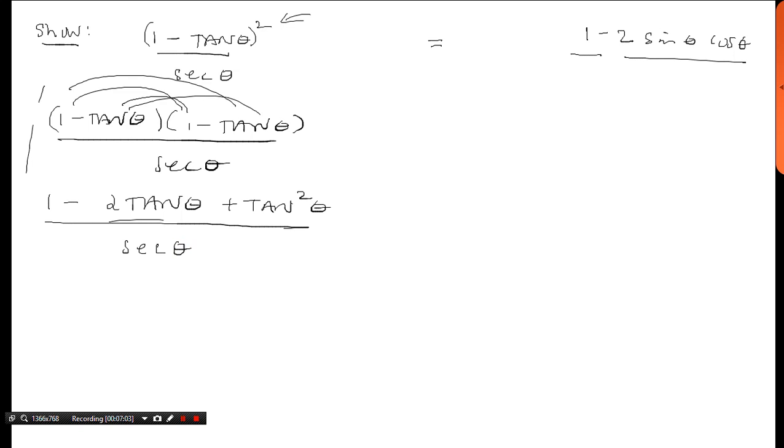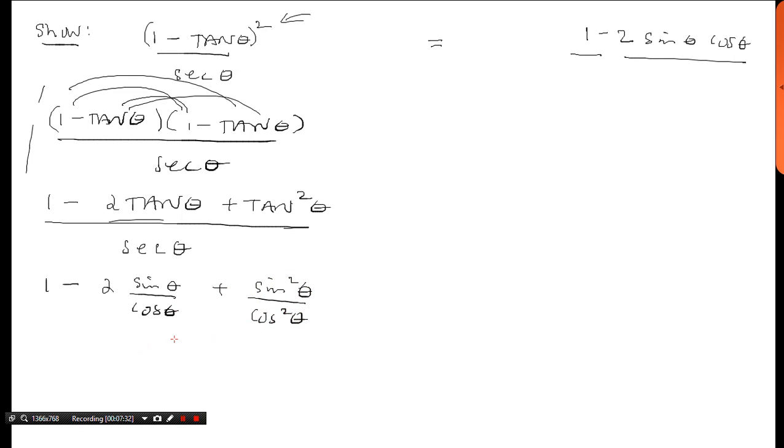Alrighty, any luck yet? Well, remember helpful tip number 1: change it all into sines and cosines. 1 minus 2... this might be a disaster. Let's see what's the easiest way. Maybe that's just the way I'm going to have to do it: 1 minus 2 sine of theta over cosine of theta plus sine squared theta over cosine squared theta.